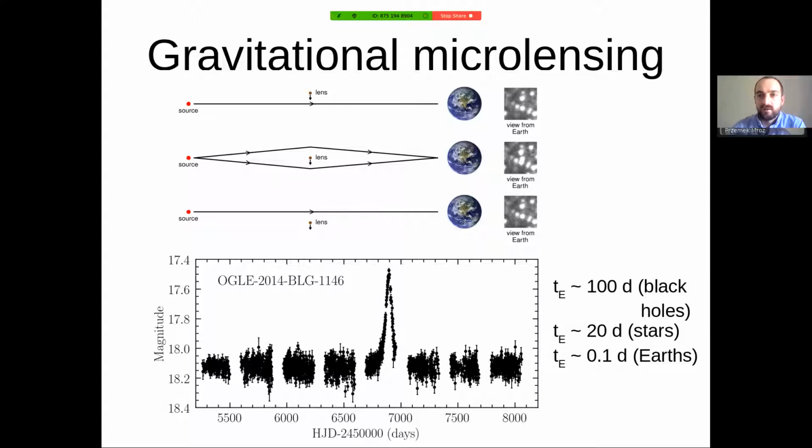Microlensing events by stars have timescales of several days, typically 20-30 days. And we expect that microlensing events by black holes are very long. They should have timescales on the order of 100 days and longer. So by modeling the shape of the light curve, we can get some physical parameters describing the lensing system.